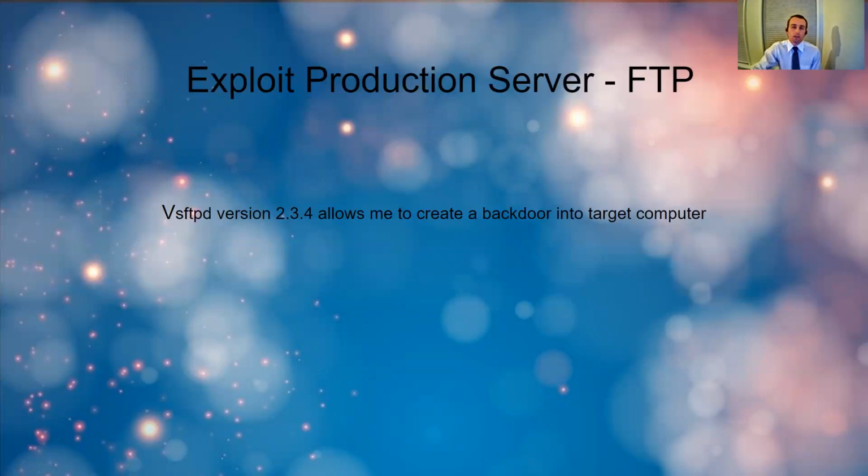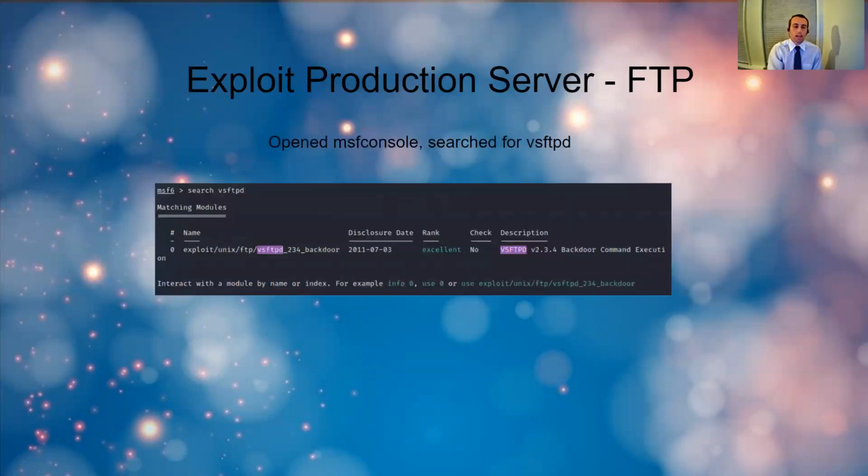And so the first thing that I wanted to do as a cybersecurity analyst was try to exploit the production server. For this, I was able to find VSFTP version 2.3.4 to gain backdoor access into the target computer. What I did was utilize Metasploit.